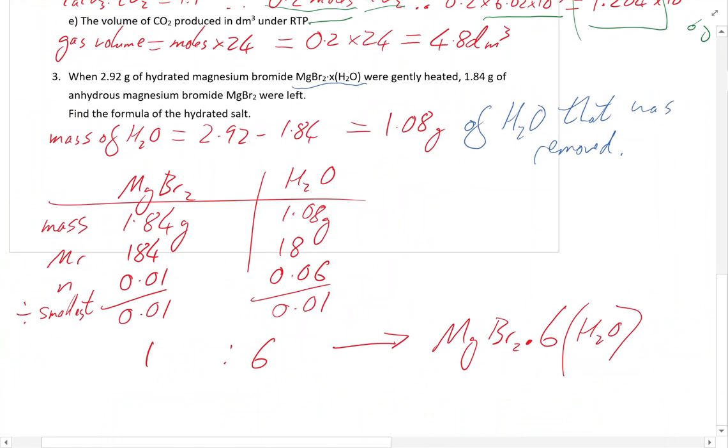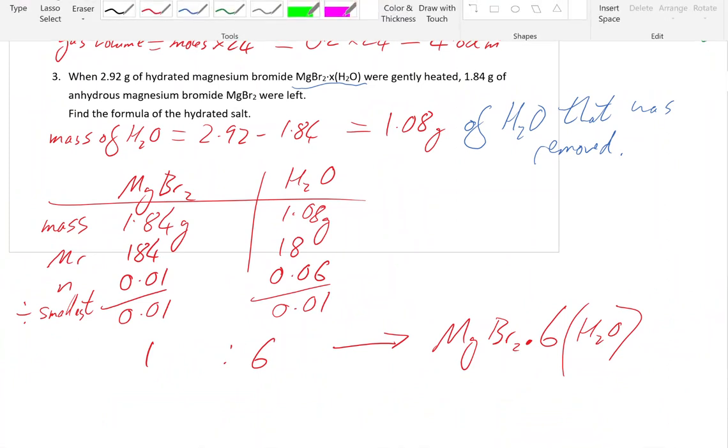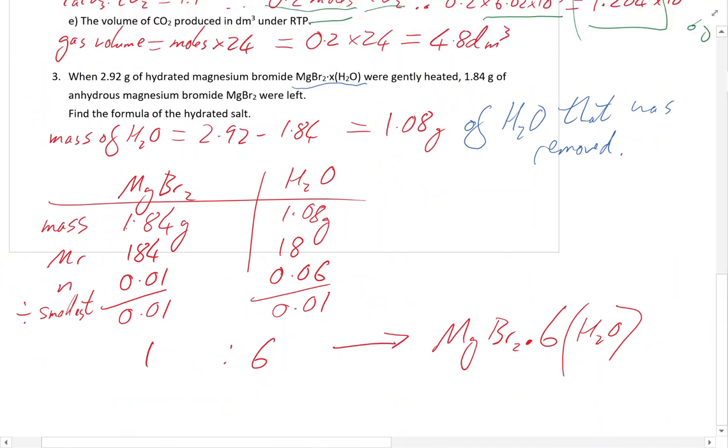Then, now that you've got that mass, you can form a table that I have originally showed you. We want the anhydrous, we don't care about the hydrated mass at this point in time. So the anhydrous MgBr2, which is 1.84, and the water, and we're going to work out the ratio of these two to each other.